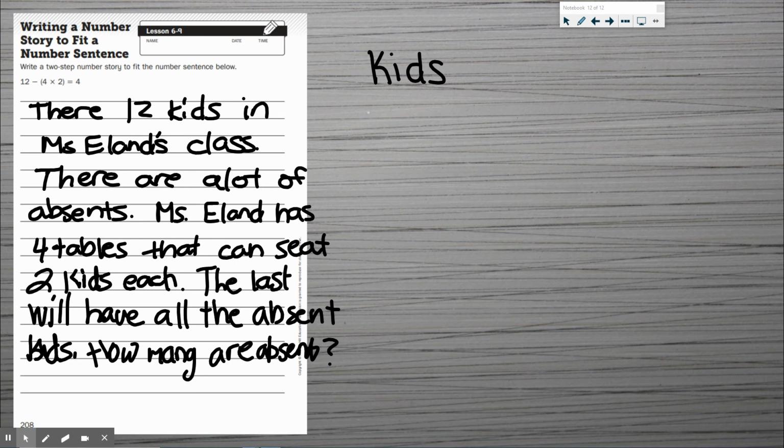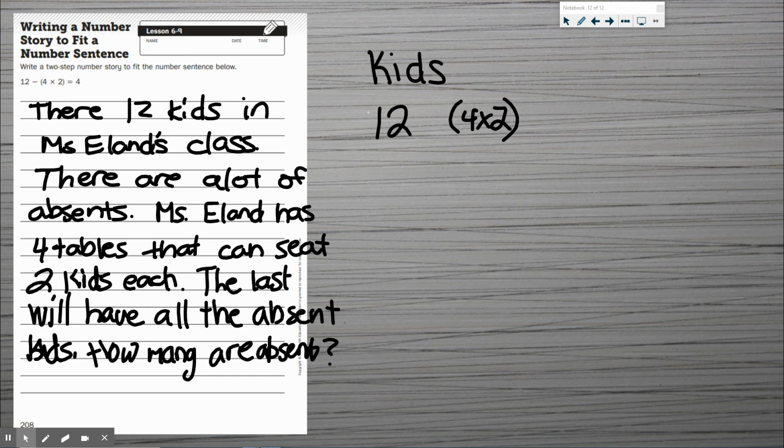So, Miss Elan has 12 kids. So, I know when I have 12 kids, that's the total. A lot of them are absent. When I think about absent, I am thinking about they're not there. But I can see that she has 4 tables that can seat 2 kids each. I need to know how many kids are at their tables. So I know that 4 times 2 is going to help me get there.